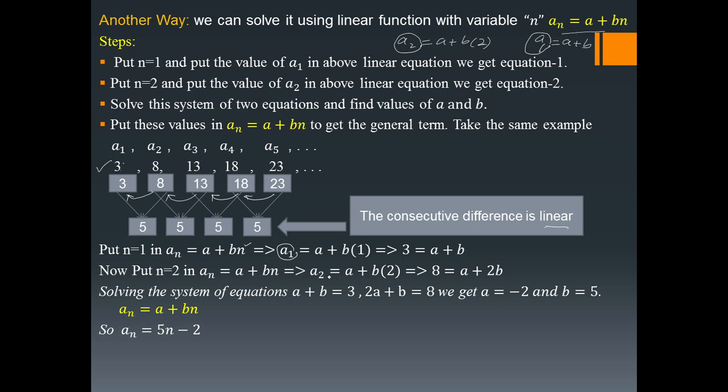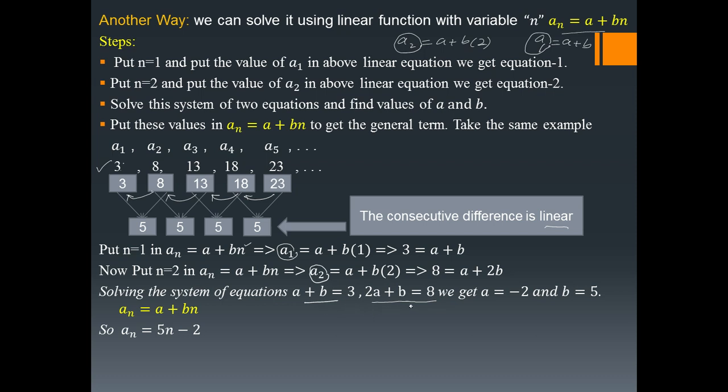After putting the value of a2, which is 8, we get 8 is equal to a plus 2b. So these are the two equations. First is a plus b is equal to 3, and the second equation is a plus 2b is equal to 8.